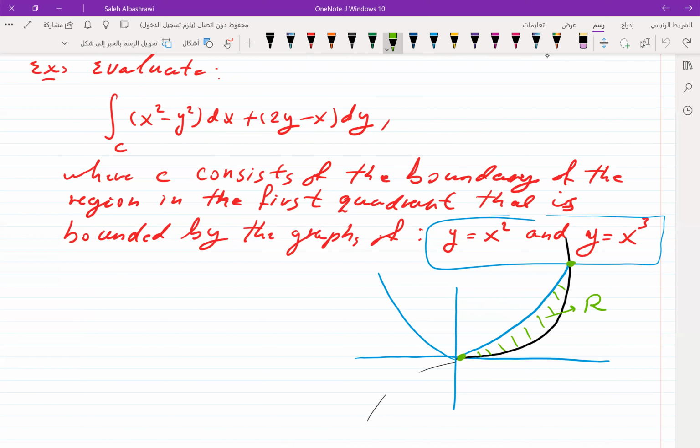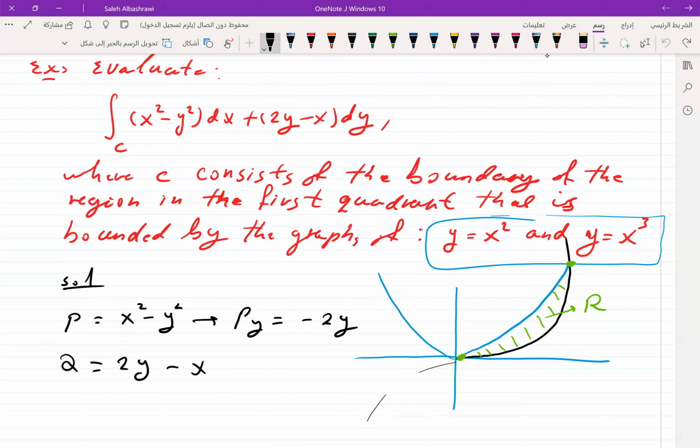For the line integral, I have P equal to x squared minus y squared. So P sub y equals minus 2y. Q is equal to 2y minus x.